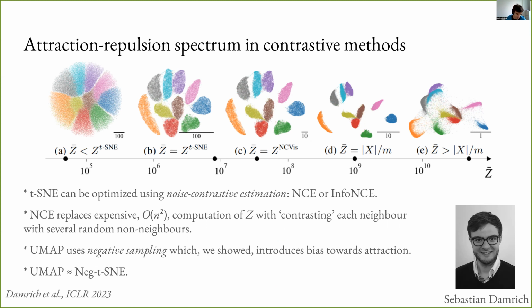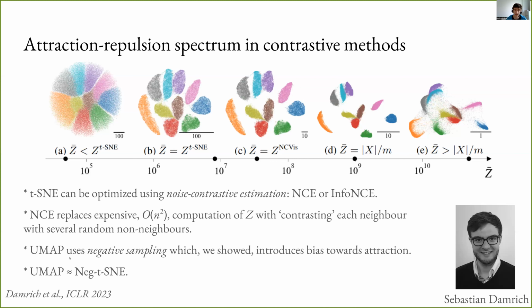And just very, very briefly, the gist of it is that instead of computing this very computationally expensive quadratic interaction between all points that generates the repulsion, we just sample a few random repulsive forces, and the magic of NCE and InfoNCE is that it still works and converges to the same thing. One can prove that. That's the theory of noise contrastive estimation. So one can run t-SNE like that. That's another way to do an effective t-SNE implementation.